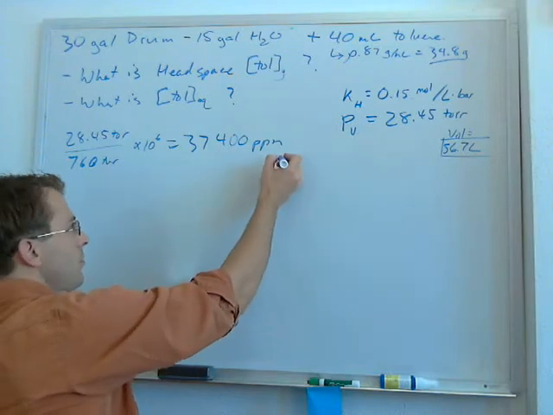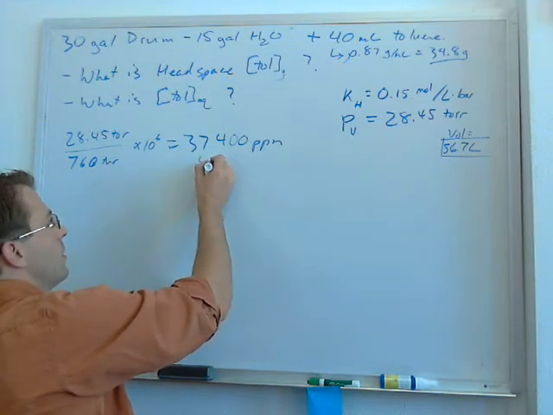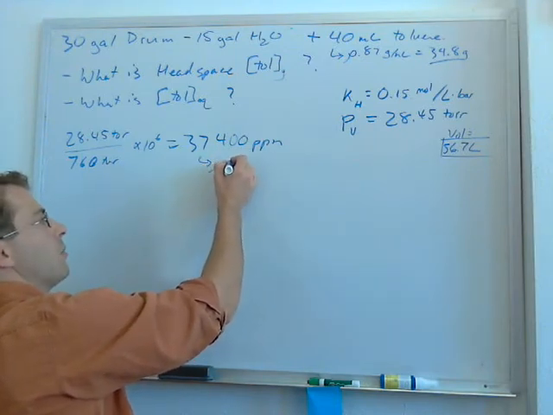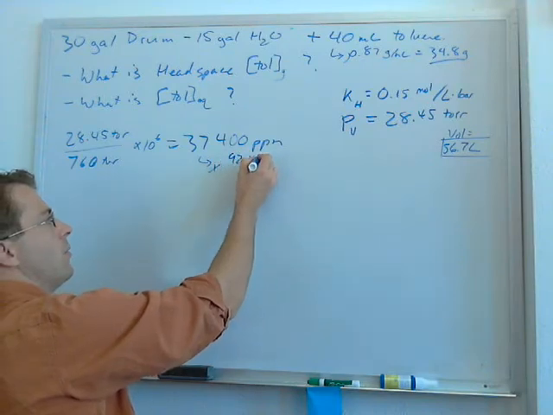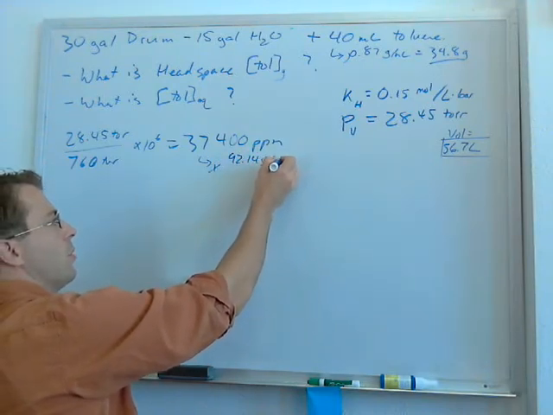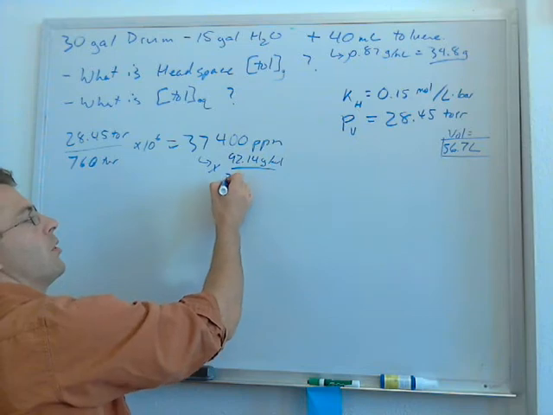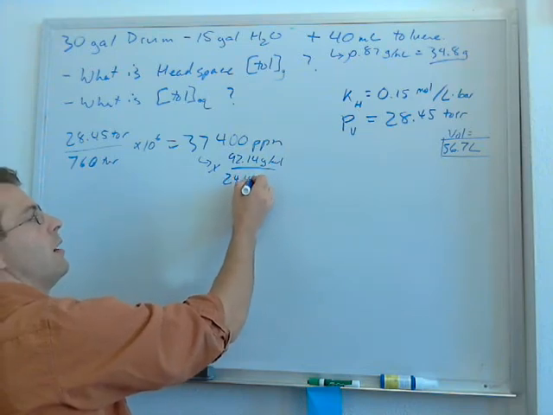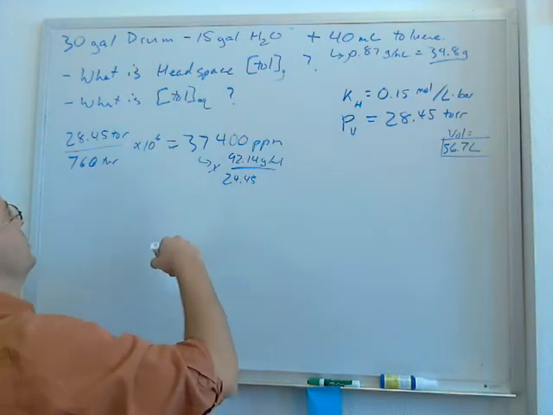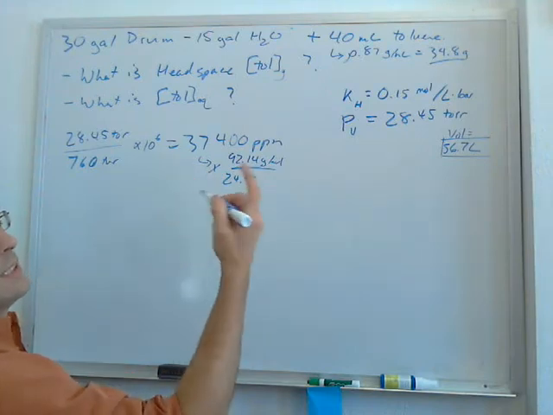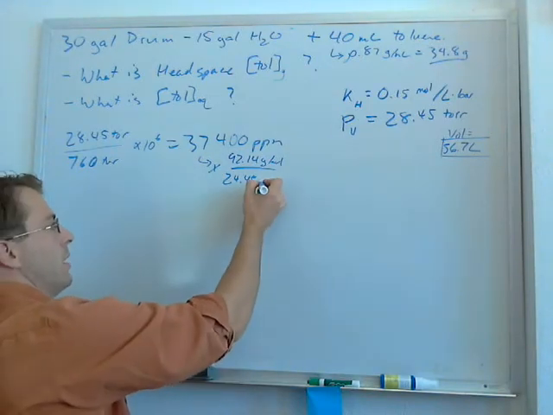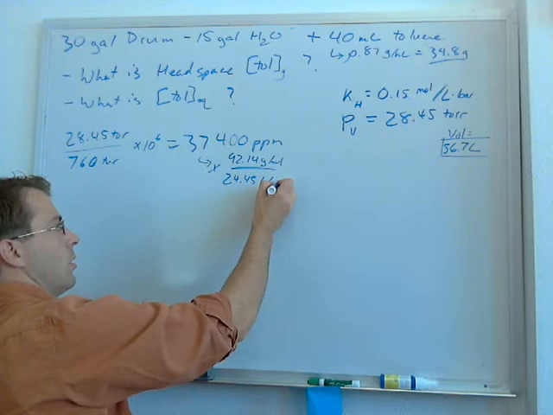So this is multiplied by molecular weight, 92.14 grams per mole, and divided by molar volume, 24.45 liters per mole at this temperature and pressure, which is 25 C and 1 atmosphere.